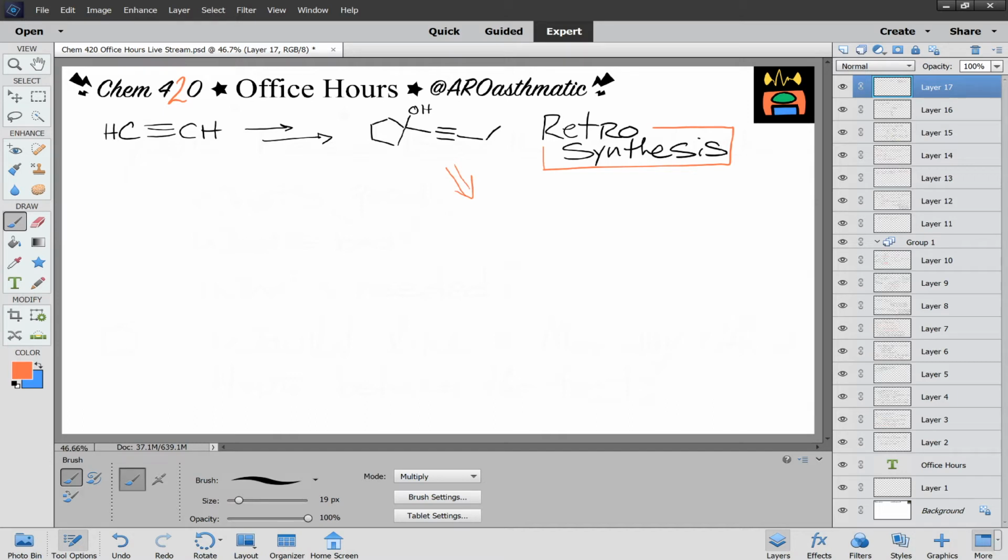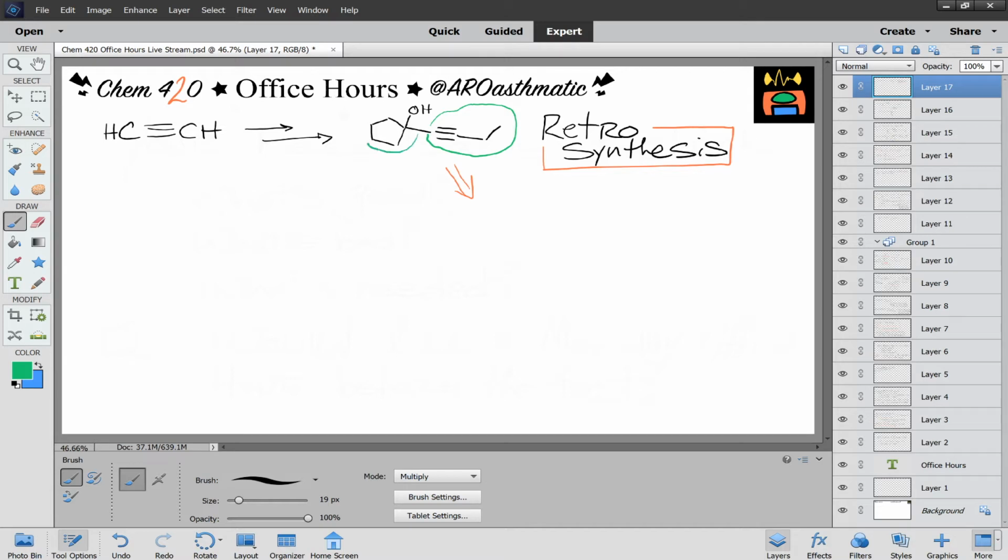And you go like this, and you go, okay, how could I make this molecule in one step from any two things? The first thing that I see when I look at this molecule is I kind of envision it in two pieces. One piece is this alkyne.